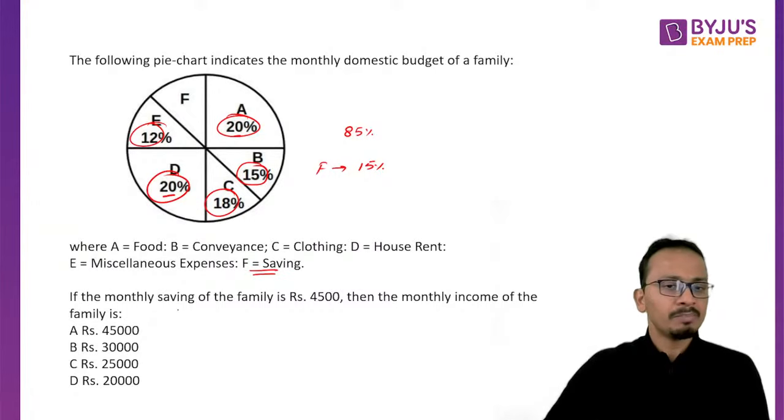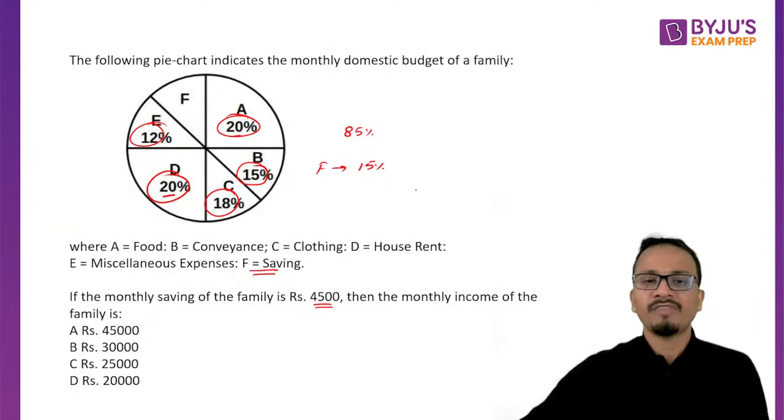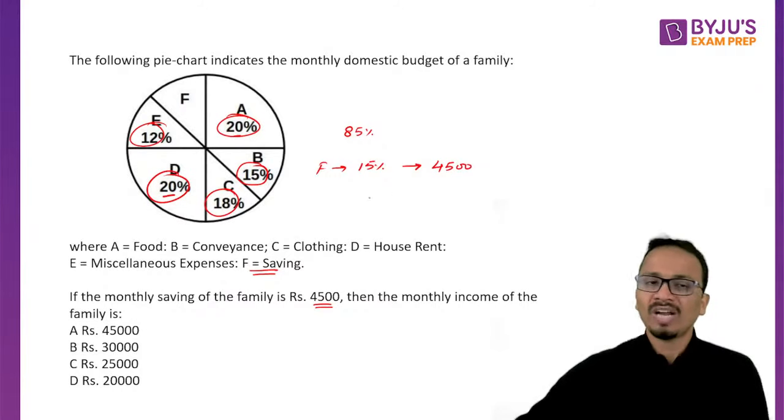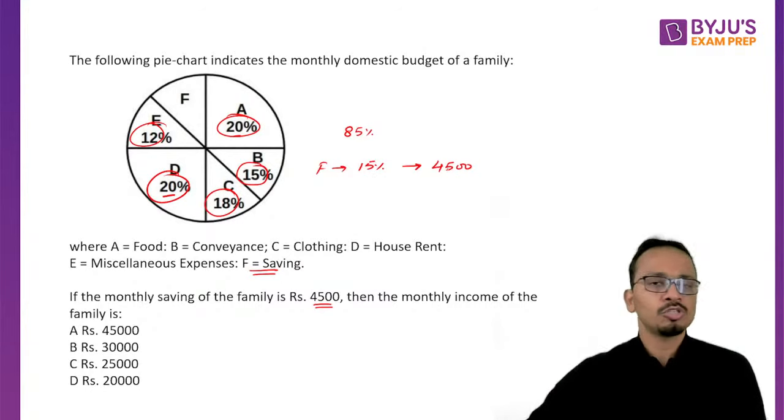Now they're saying that the monthly saving of the family is 4,500, so that means 15% of total income corresponds to 4,500. So what will be the total income? Okay, so if 15% corresponds to 4,500, you can also write: 15 percentage of the income is equal to 4,500.